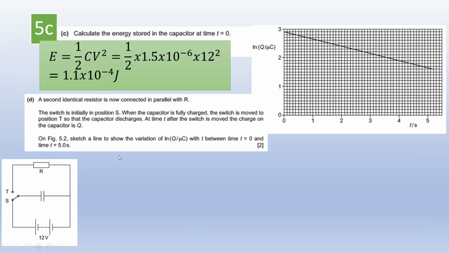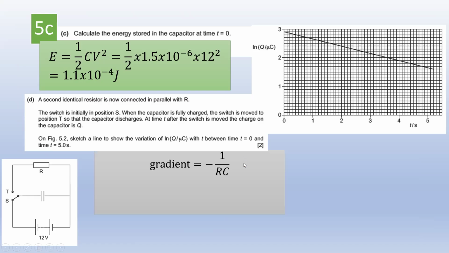Okay, how would the graph look like? How would I expect the graph to look like? Like a negative gradient. Besides that, it's a straight line with negative gradient, okay? For the 2 marks, I would expect 2 points, 2 details. Go to the equation.